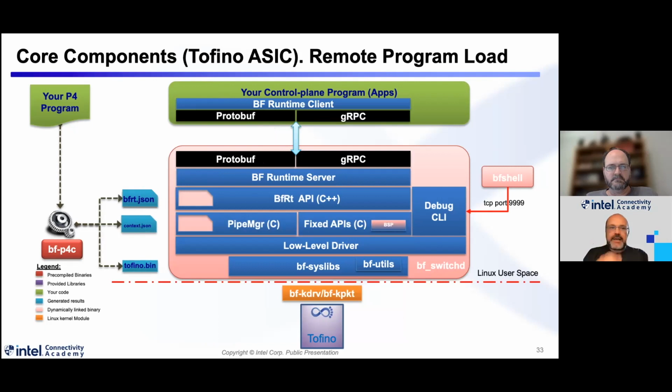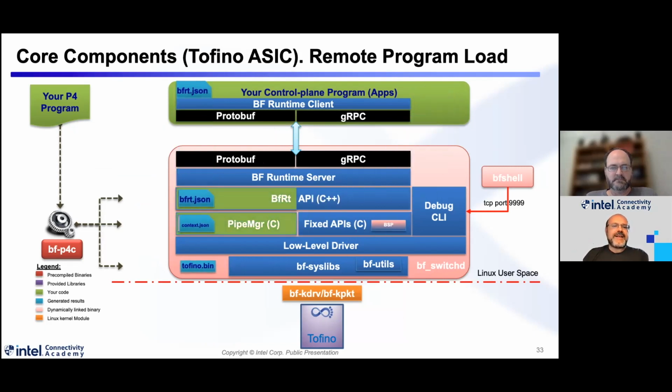In this case, the files that are generated as a result of program compilation need to be read inside the controller first. And then the controller can use the same gRPC channel to push those files to the agent or agents. And the last thing is probably the most important. If you say have a data center and you have maybe hundreds or thousands of systems, you can first push the same program to them and then start to communicate with them. So this is all supported.